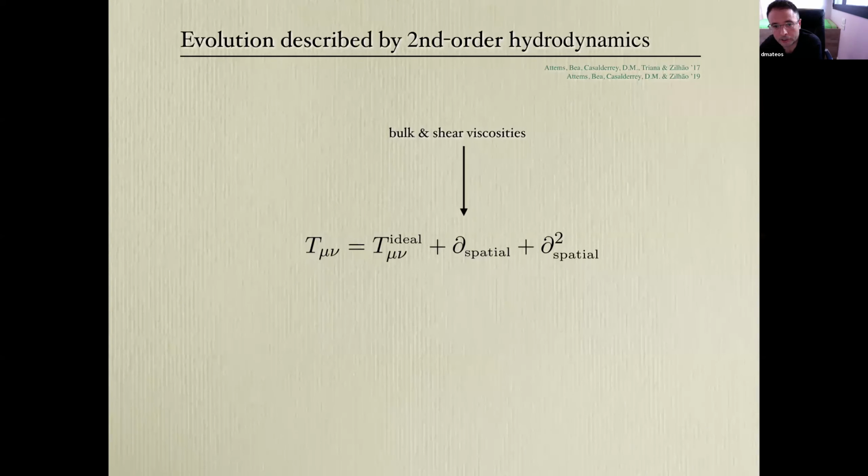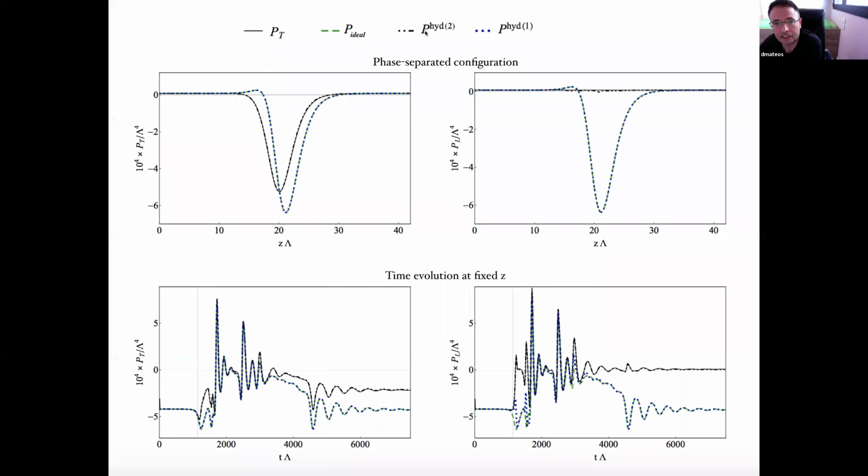That's why the blue curve and the green curve are on top of one another. There's no difference between ideal and first-order hydro because the velocity is zero. And you know that ideal hydro, which is simply applying the equation of state pointwise, cannot describe the phase-separated configuration.